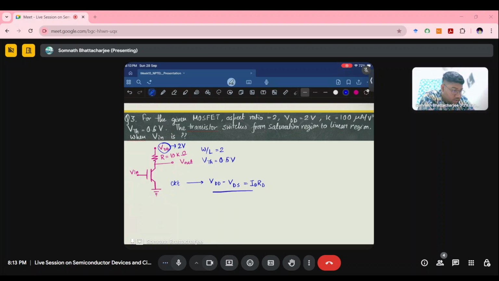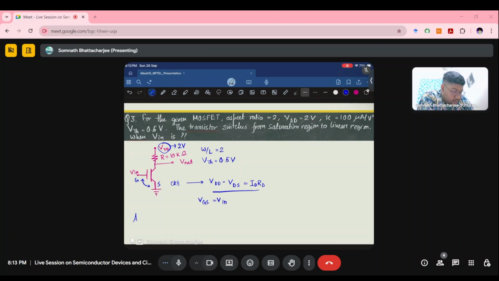So from the circuit we get this, and also, this is gate to source. As this is the gate terminal, this is source, we can also write that VGS is equal to V in. So we know that V in value, and from this we can directly get the VGS value.